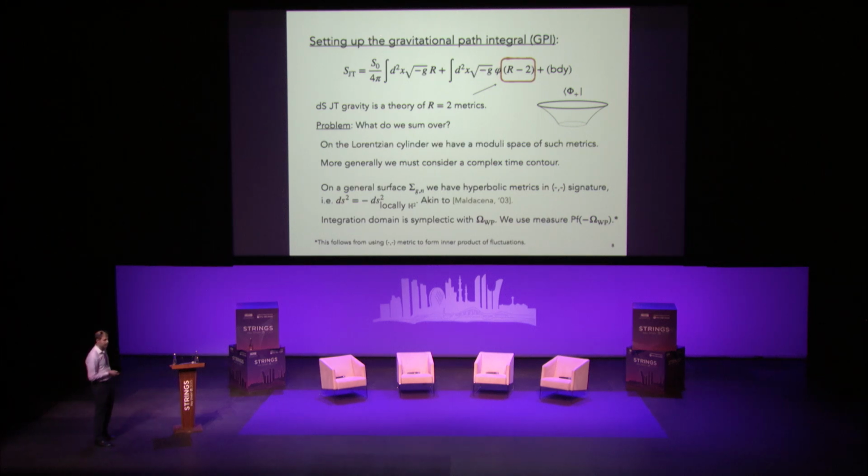So in general, what we're forced to do if we want to make sense of JT on a general surface, on any topology, is to consider complex time contours. And one thing that will help us as we do so is that we're going to exploit a trick that's familiar from Juan's computations of primordial non-Gaussianity, that a hyperbolic metric in minus signature has curvature equal to +2 rather than -2.